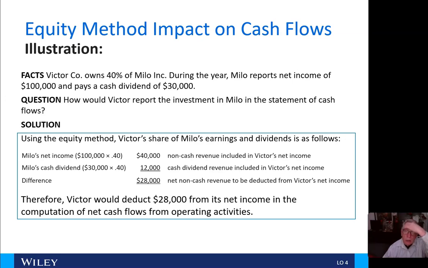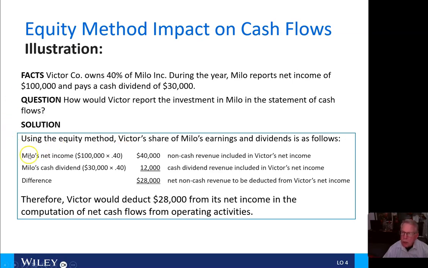Let's take a look at an illustration. The Victor Company owns 40% of Milo Incorporated. During the year, Milo reports net income of $100,000 and pays a dividend of $30,000. The question is, how would Victor report the investment in Milo in the statement of cash flows?